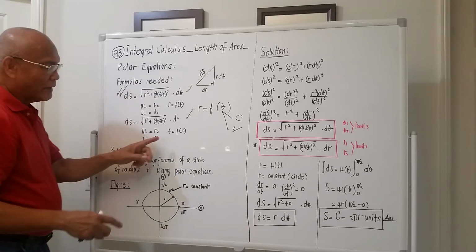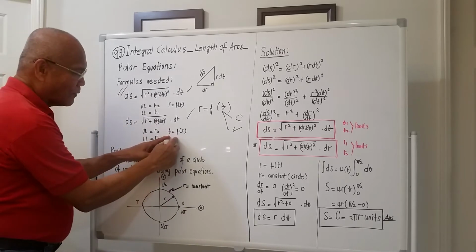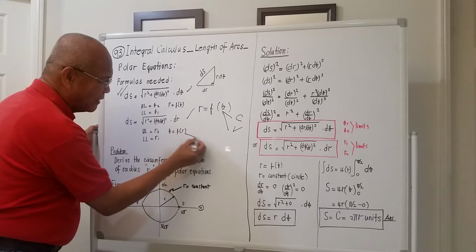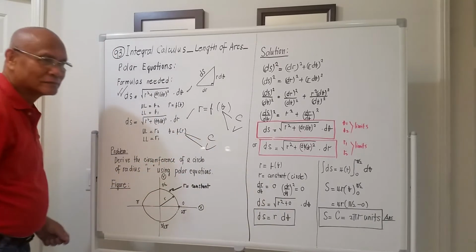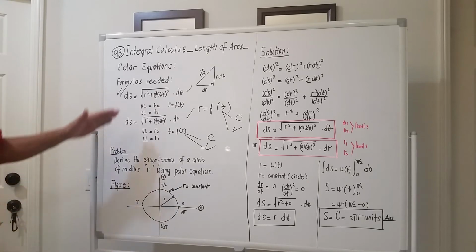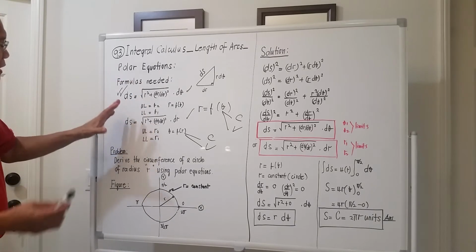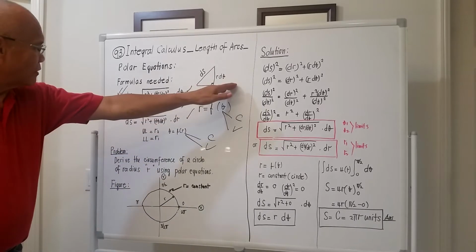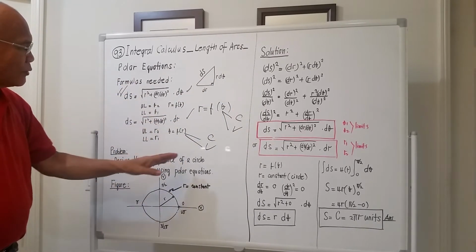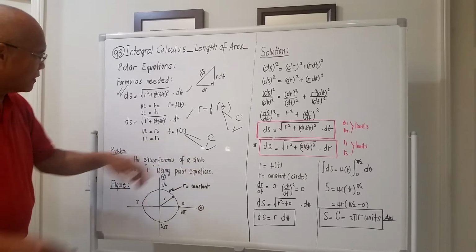And we are given theta as a function of r, and r here could also be constant or it could be variable. So these are the two formulas needed under polar equations. We are supposed to be given r as a function of theta for case number one, and we are given theta as a function of r for case number two.